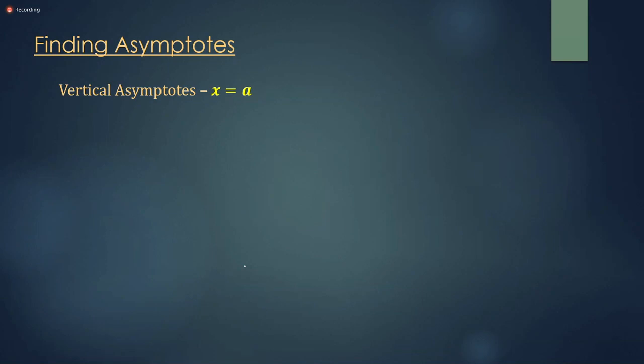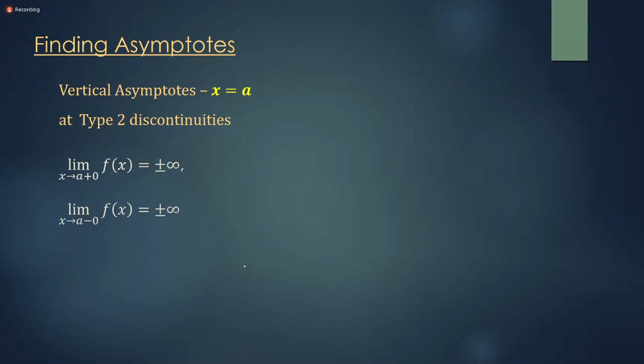They are fairly easy to find if the function is rational. The potential points for vertical asymptotes are the points where the function has discontinuities, where you have to divide by zero, those type 2 discontinuities. If you have a vertical asymptote, when x approaches this point a from the right or from the left, the function value tends to infinity, either positive or negative.